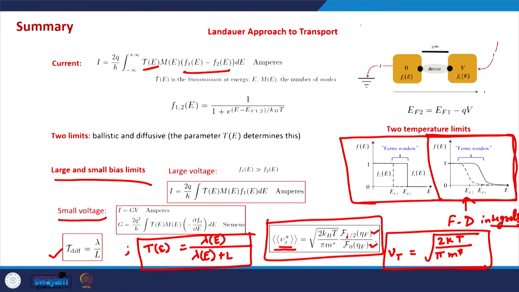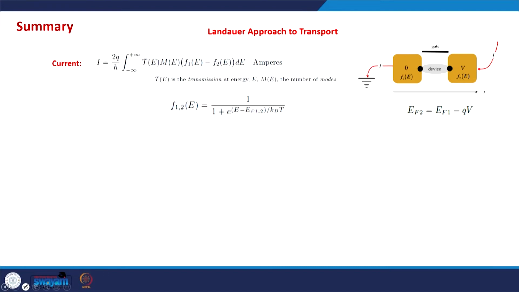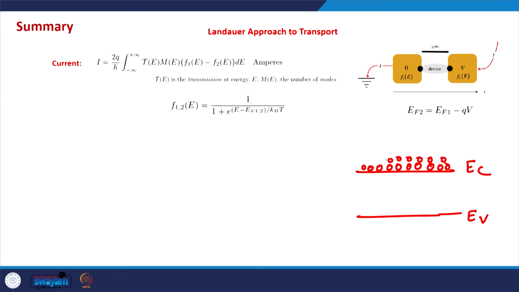And there is one interesting aspect here: for the electrons sitting in the conduction band in the case of a non-degenerate semiconductor, we will have electrons here, and the Fermi level EF is significantly far away from the bottom of the conduction band.